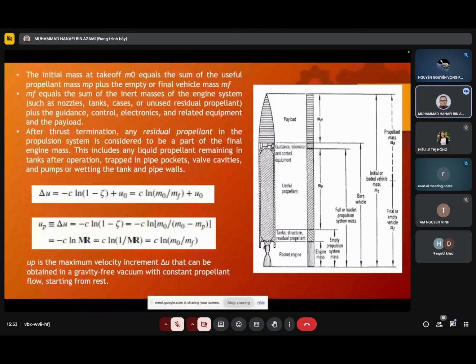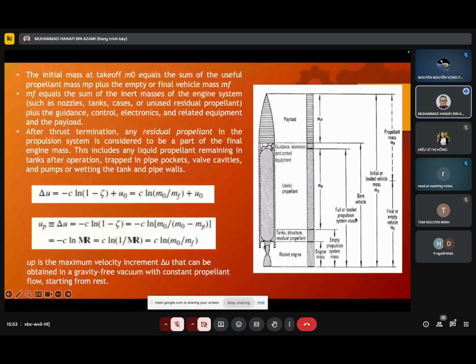For the propellant, looking at this diagram, the right one, you have this engine mass. Engine mass only focuses on the rocket engine. Then you have the engine propulsion system, including the tank and the rocket engine. So this is the empty system mass. Propellant mass is the fuel, the propellant itself.